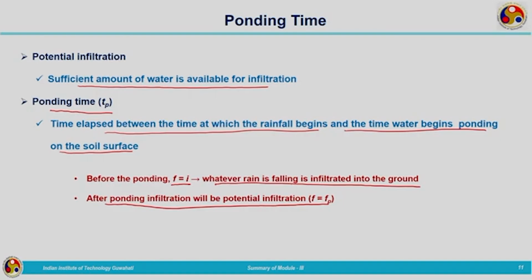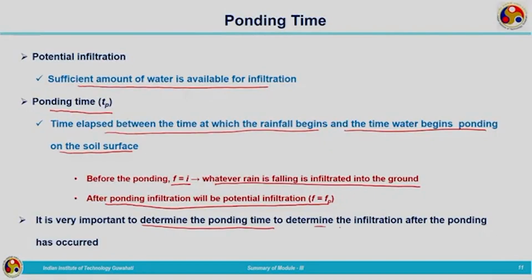After ponding has occurred means there is sufficient water available and the infiltration process continues. Before ponding, the entire water is getting infiltrated into the ground. So, based on the ponding time, we can find out how much infiltration has taken place after ponding. It is very important to determine the ponding time to determine the infiltration after ponding has occurred.